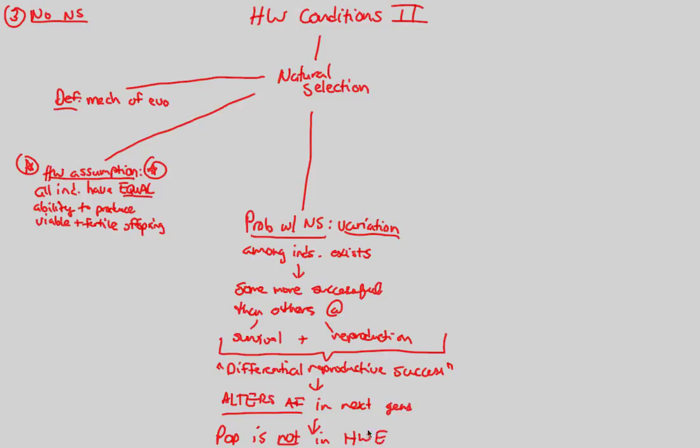Okay, because in Hardy-Weinberg equilibrium, what do we want? We want constant AF, allele frequency, and constant genotype frequency, GF. So that's our big problem. And last statement about natural selection is that, and this is something we already know, natural selection eventually leads to what we refer to as adaptive evolution.